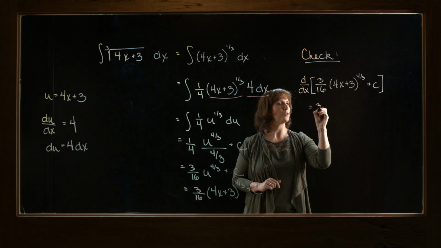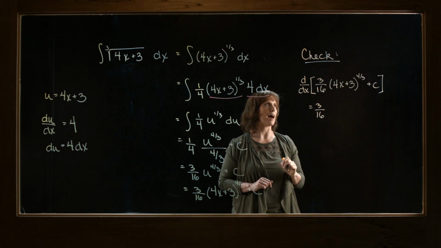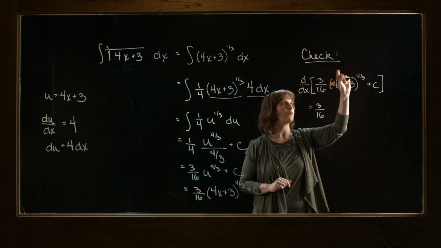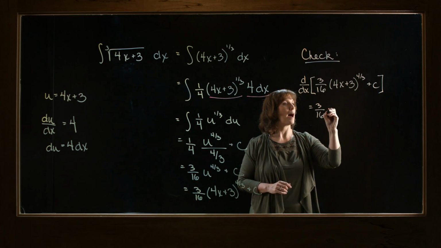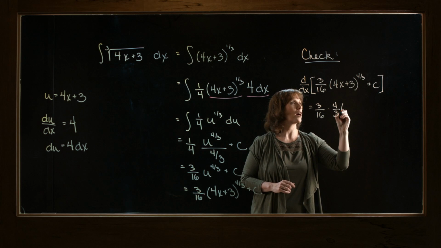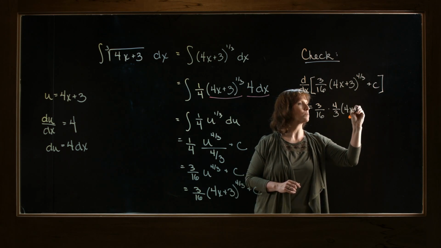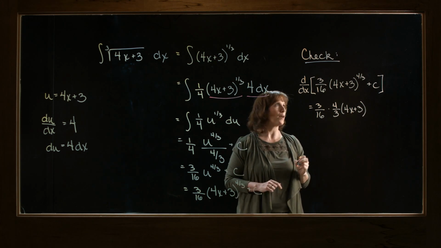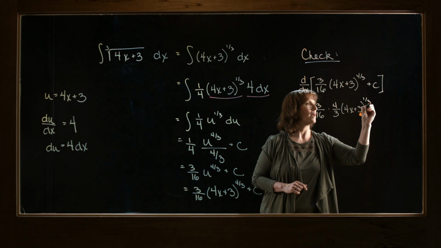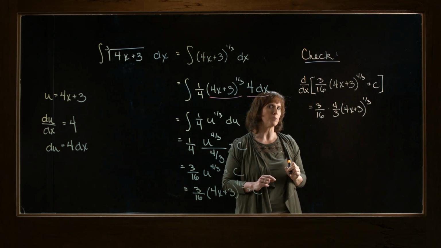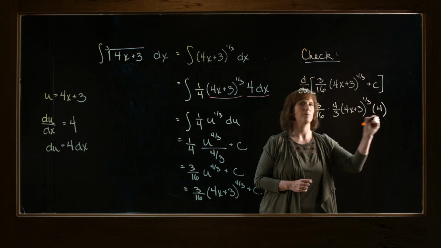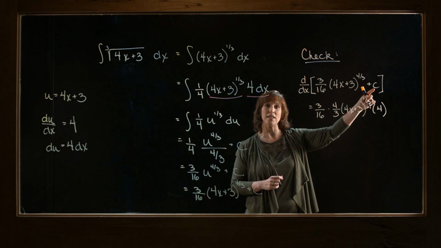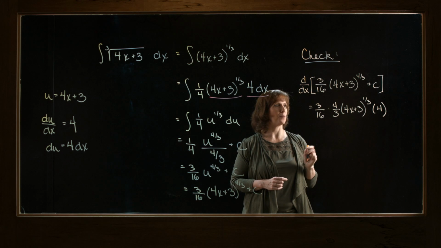It's a constant multiple of 3/16 that can be pulled out, and now differentiating 4x plus 3 to the 4/3 power, I use my power rule. I multiply by 4/3, copy over the 4x plus 3, subtract 1 from the exponent, and then by the chain rule multiply by the derivative of the inside piece, which is going to be a 4. Don't forget to differentiate that constant, but that's easy, it's just 0.